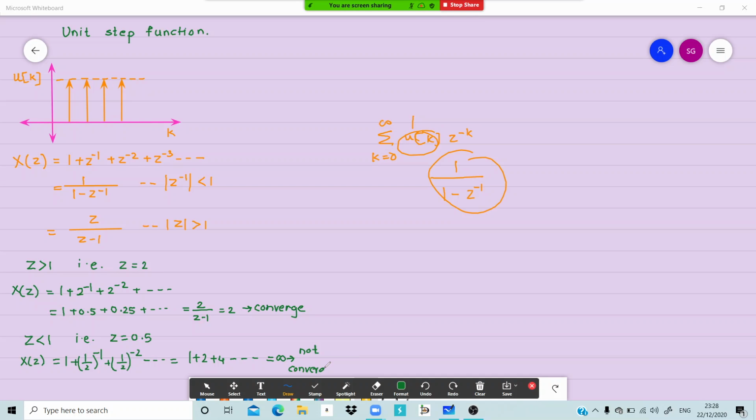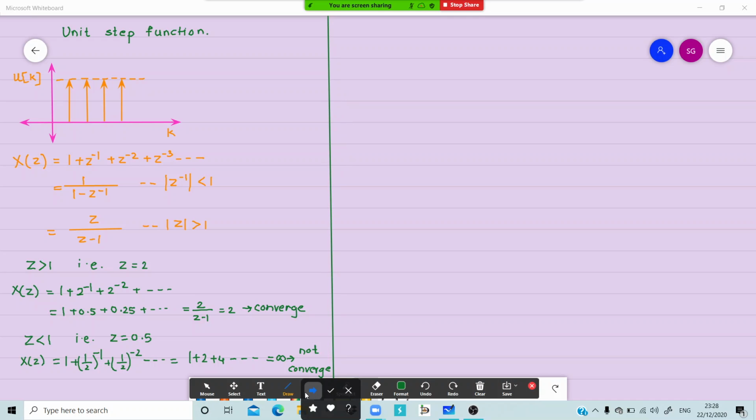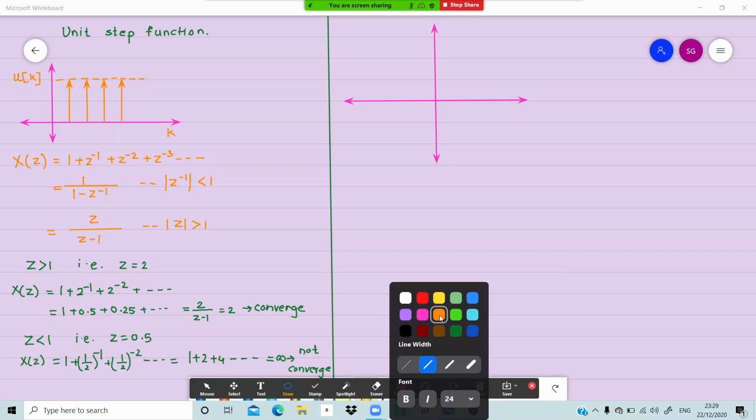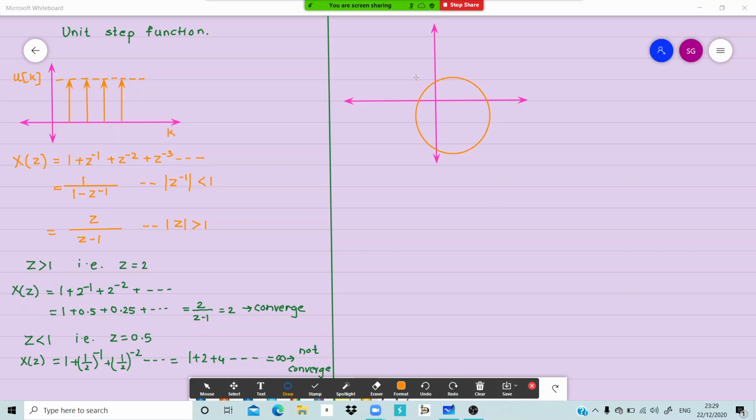So if I want to draw the ROC, the region of convergence, for this particular function, see now, when |z| is greater than 1, your system is convergent.